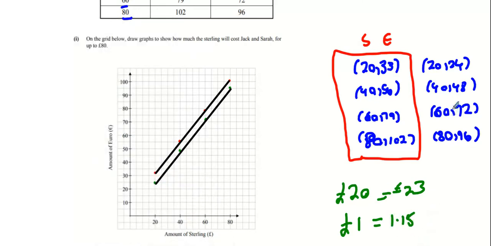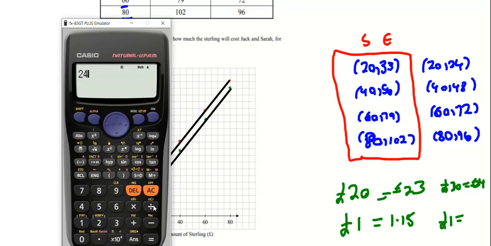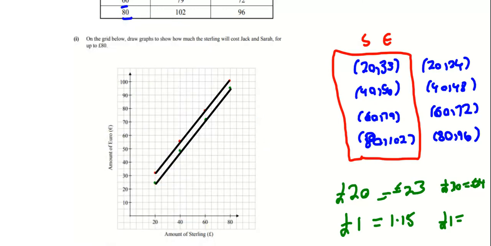And then for the other one, every 20 sterling gets us 24 euro. So that means £1 is going to be 24 divided by 20, which will be €1.20.